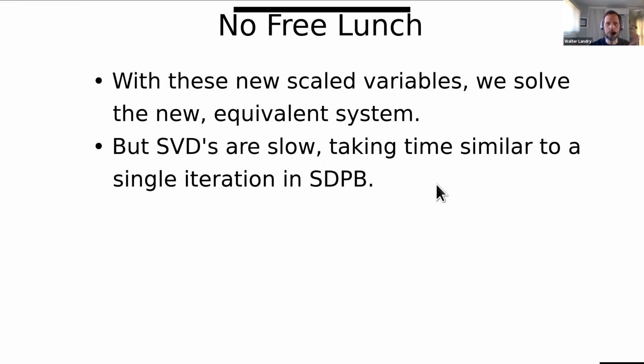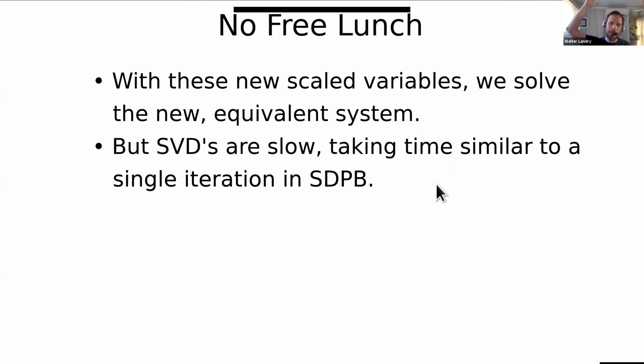You can solve this new equivalent system, but SVDs are slow. I say here it's similar to a single iteration, but it's more like maybe 10 iterations, I think. It's not nothing. It's not dominant if you don't do it too many times, but you wouldn't want to do it every time for every solution.